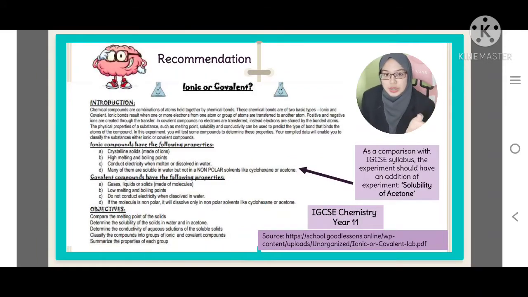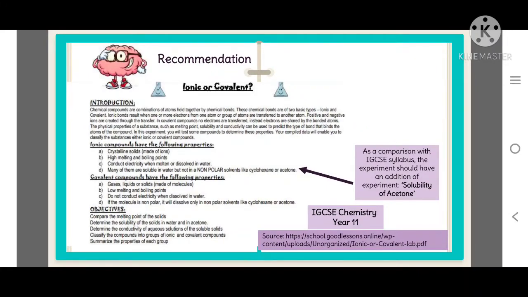So here is a similar experiment that I found on the internet, but this lab experiment is from the IGCSE chemistry syllabus year 11. It has another experiment added to test the solubility of ionic and covalent compounds in acetone. Because many ionic compounds are soluble in water, but in a non-polar solvent like acetone, they are insoluble, and vice versa for covalent compounds.